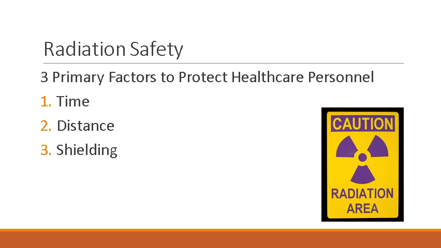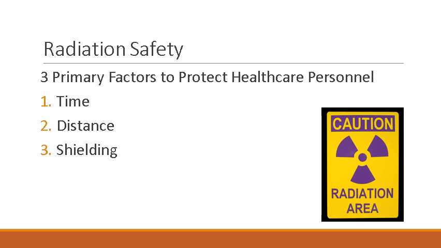Three factors to think about that are going to help us be more safe around patients that have had radiation, especially internal radiation, are time, distance, and shielding. Time: our time spent administering care, we want to minimize. We want to cluster our care and do what we need to do and not spend extra time in the room.